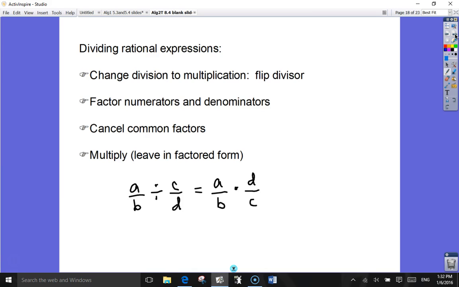So I have to make sure that C doesn't equal 0, because if C equals 0, this whole fraction equals 0, and then I'm dividing by 0. So I've got to check the two denominators and the numerator of the second fraction for the domain. None of those can equal 0, or else we would have an undefined situation.